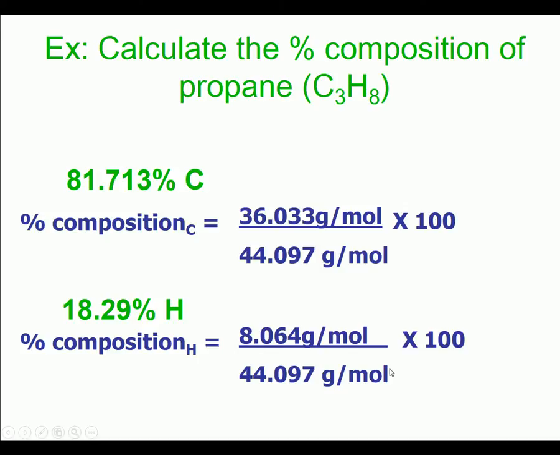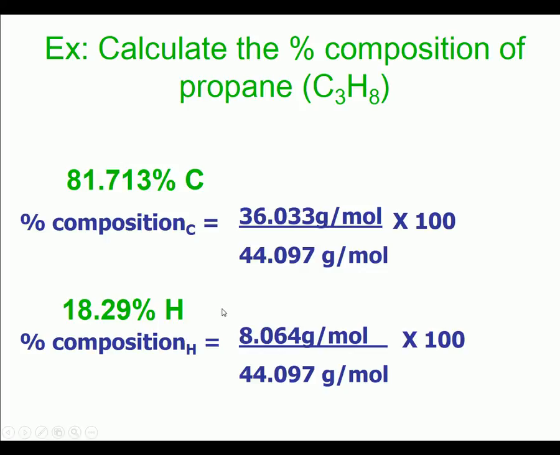Again, I'm being super proper with my significant figures, and I am dividing a number with 4 significant figures, 1, 2, 3, 4, by a number with 5 significant figures, 1, 2, 3, 4, 5, and I always round my answer to the value with the lowest number of significant figures, so that's why I have 18.29%.